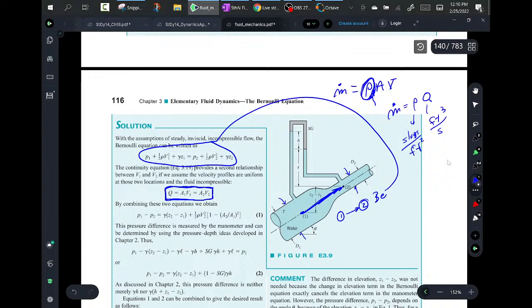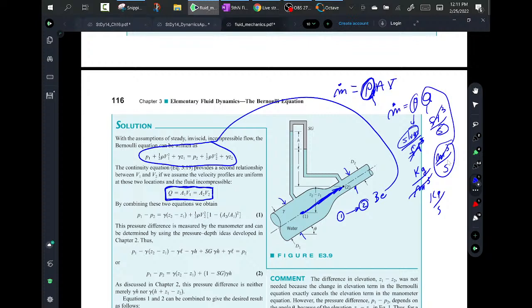So these would cancel and you get m dot, slugs per second. Now, if you feel more comfortable with kilograms per cubic meter and cubic meters per second, where this would be the Q, and this is your density, you get the same thing, kilograms per second.